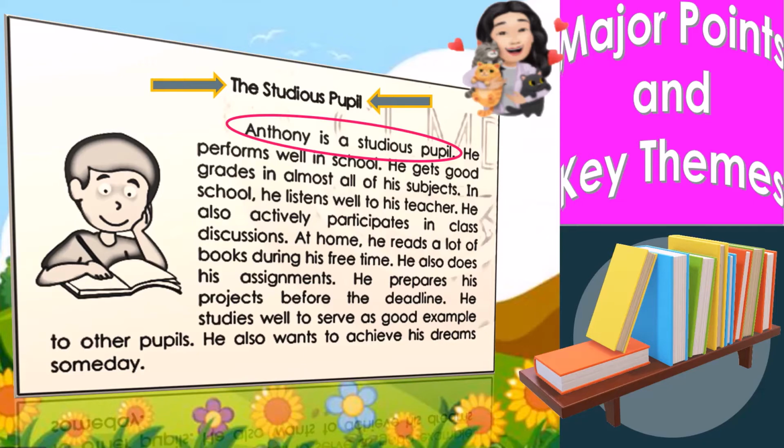So these sentences tell about Anthony as a studious pupil, meaning to say it is the main idea. Therefore, this is the major point of the story.